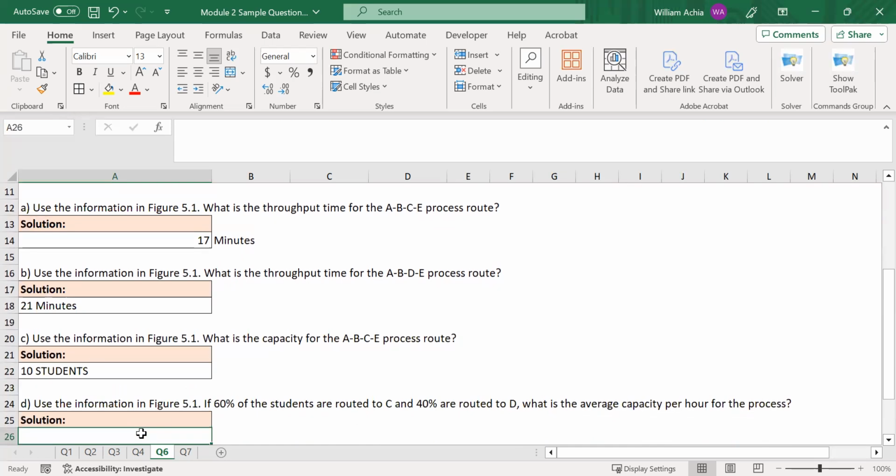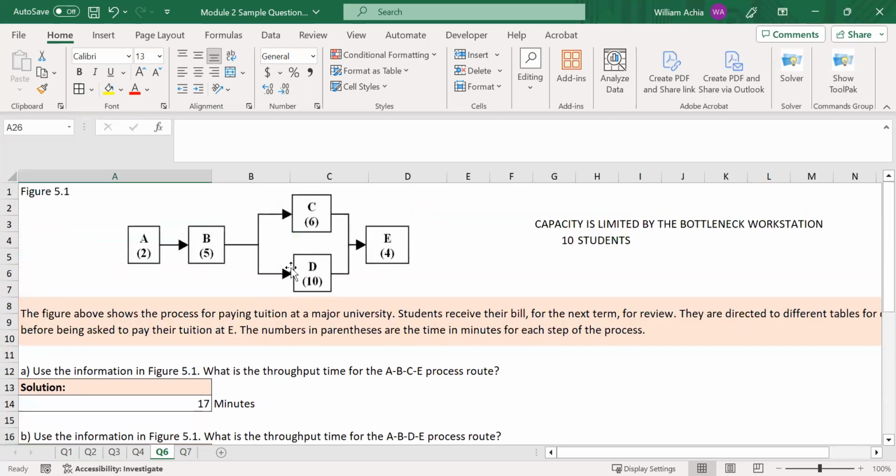The last question here is, if 60% of the students are routed to C and 40% routed to D, what's the average capacity per hour? Now let's look at that. We already have the capacity for the ABCE route. I need to get the ABDE capacity.